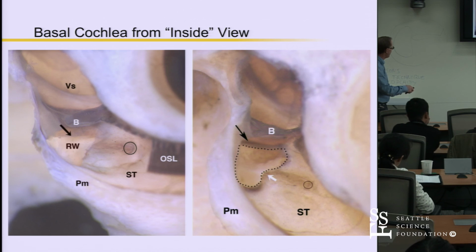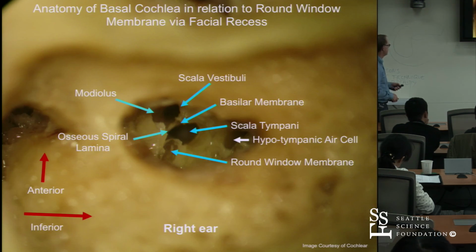And here's another view. This little circle is the opening of the cochlear aqueduct. So if you're too low, opening up this membrane, you will injure that. Look at where the basilar membrane is attaching, right to the superior surface of the round window membrane.